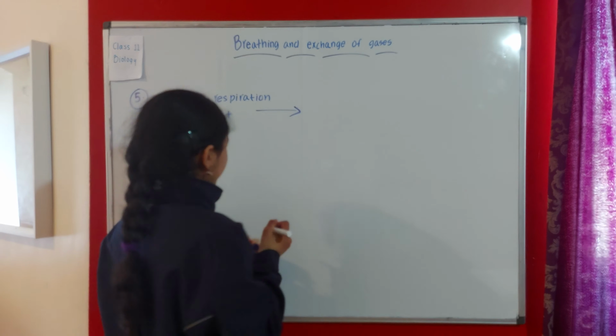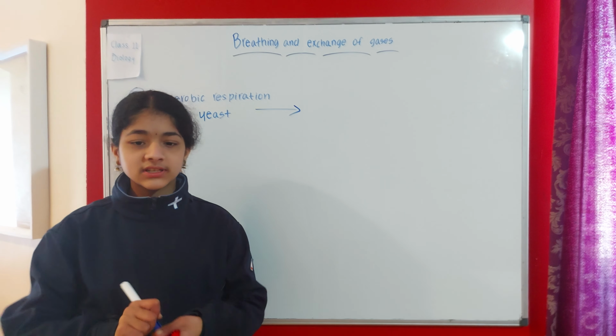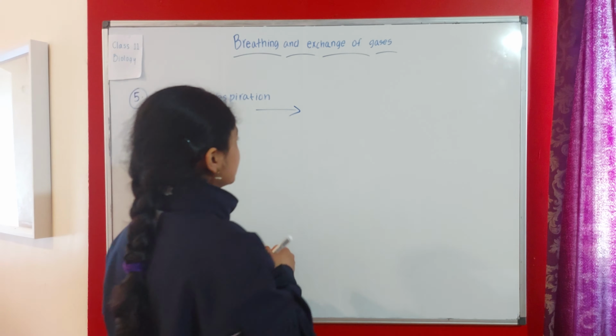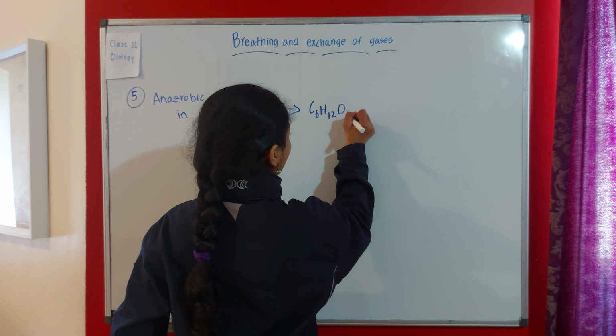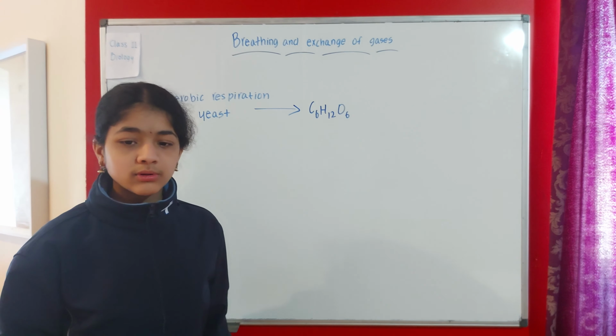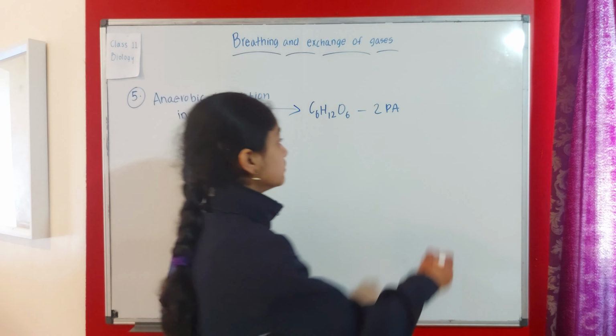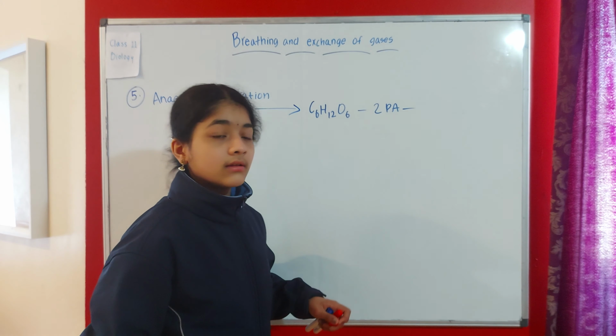In the case of anaerobic respiration in yeast, the equation is C6H12O6, glucose, the food, which converts into 2-pyruvic acid molecules.